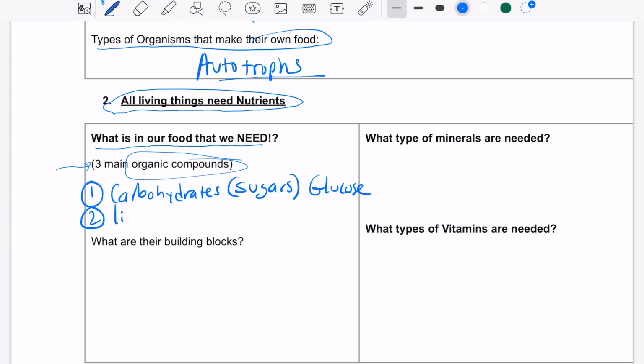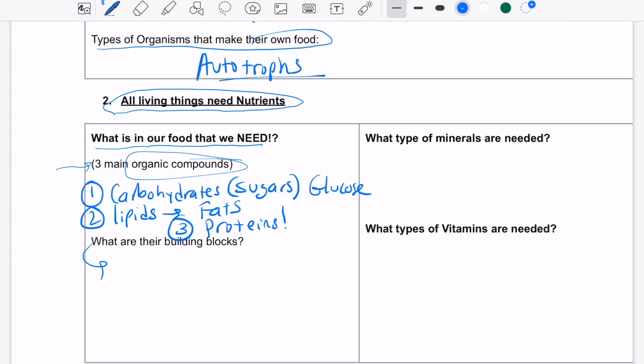2, lipids. Lipids are also fats. 3, proteins. What are the building blocks? The building block means what makes up protein, what makes up carbohydrates, what makes up lipid.